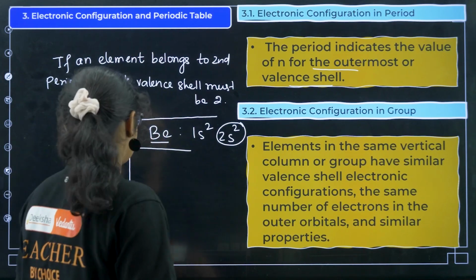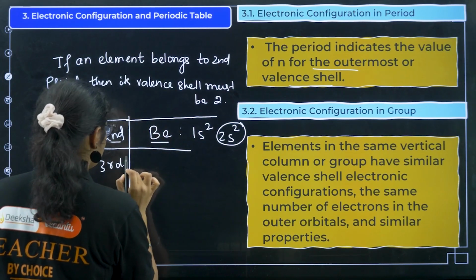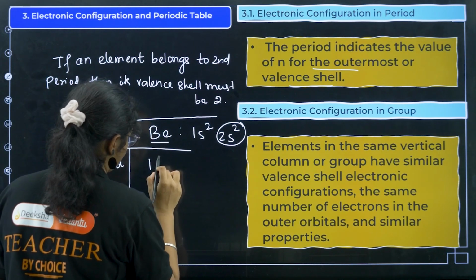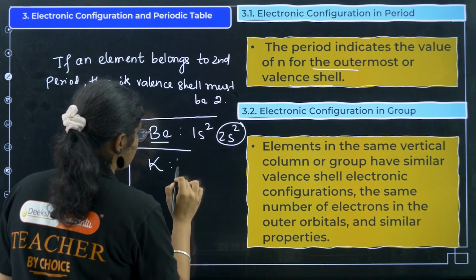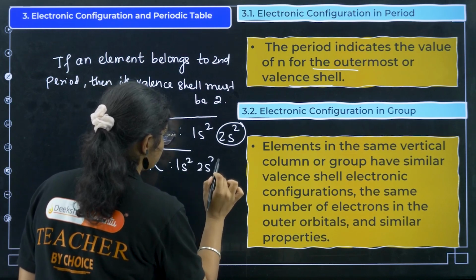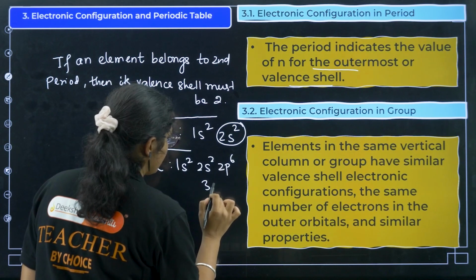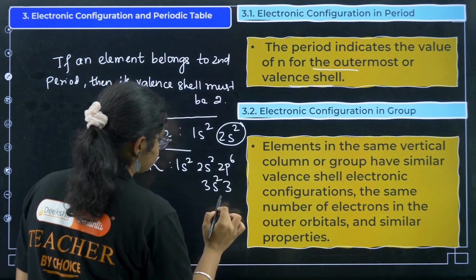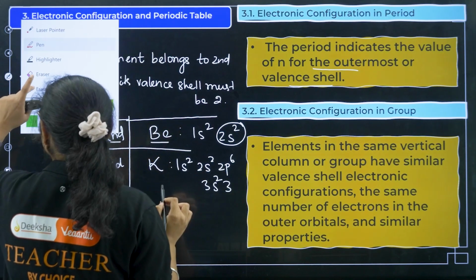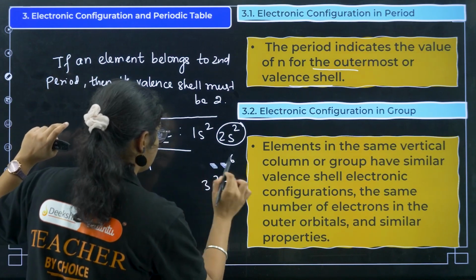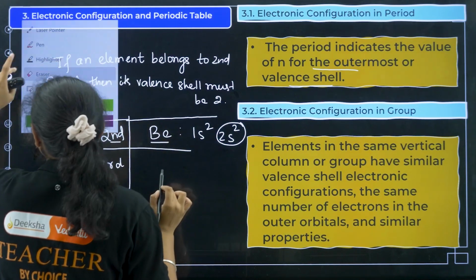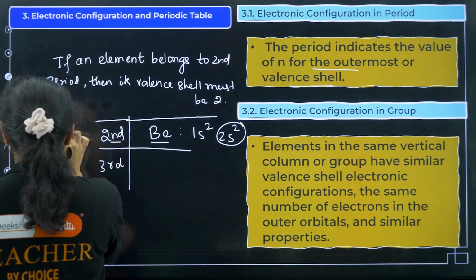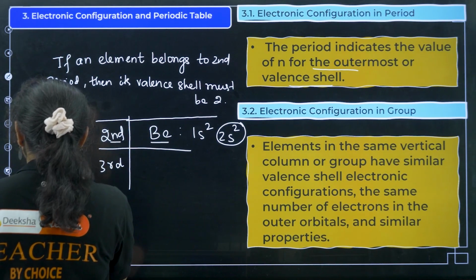Now let me take the example of a third period element, okay? One second, let me just write down the elements' names. I got a little confused here, so sorry students. We have hydrogen, then lithium, then sodium, and then potassium.